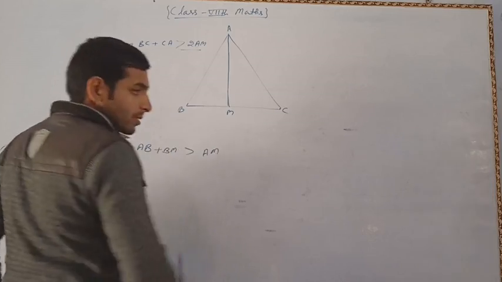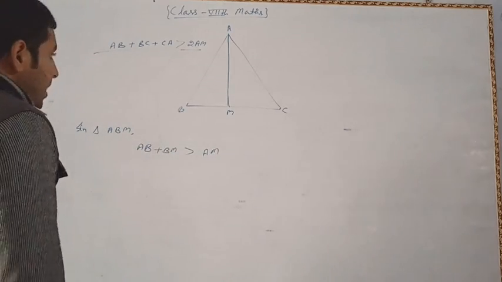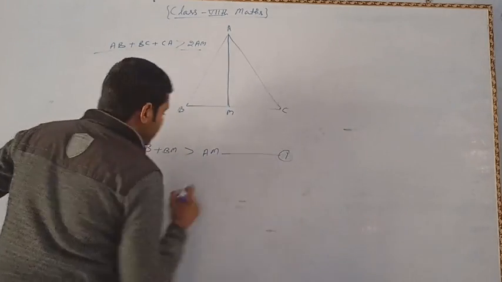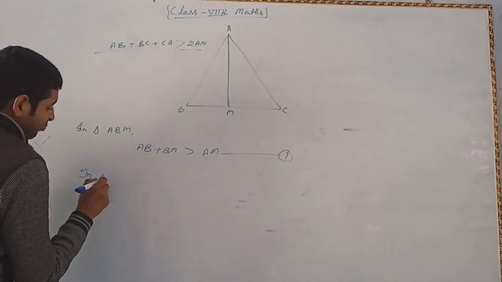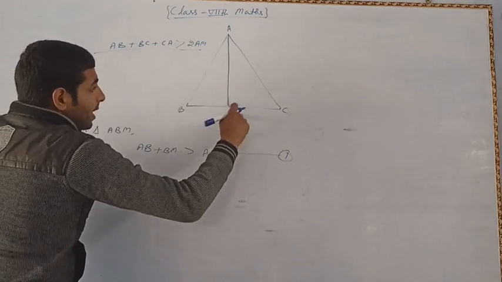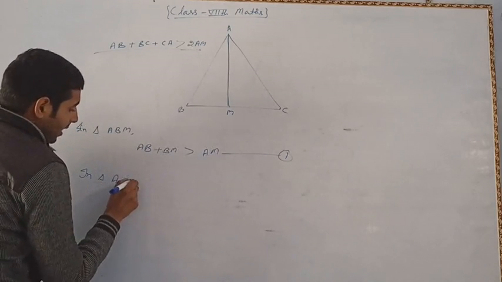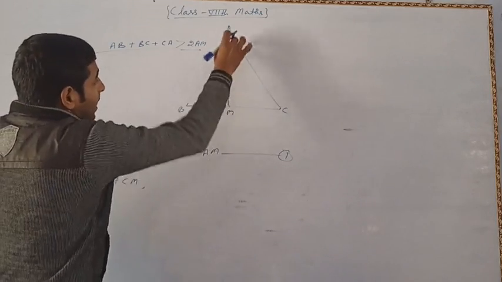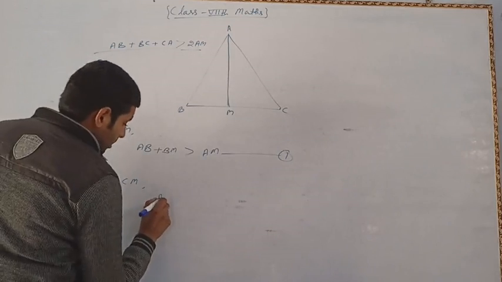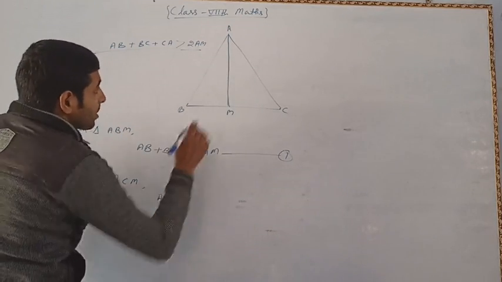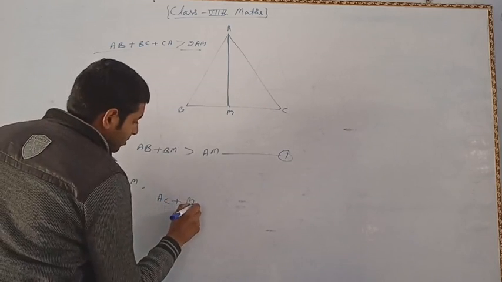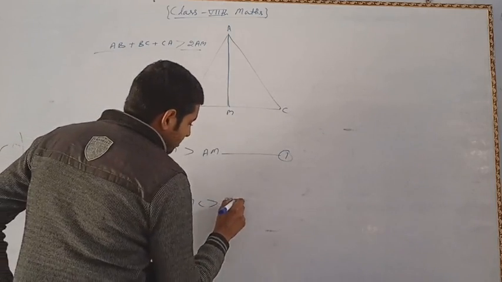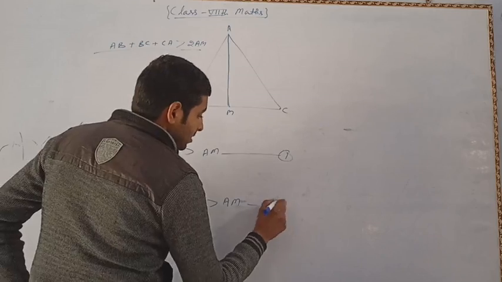This is equation number first. Now again, in triangle ACM, we get that AC plus MC is greater than AM. That is equation number second.